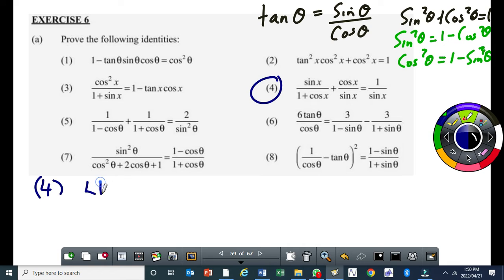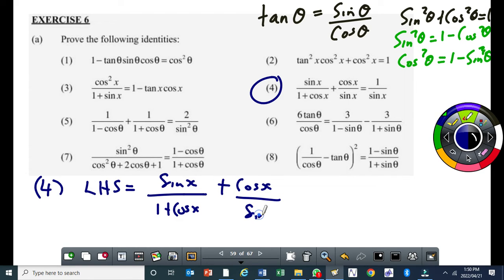So our left-hand side is equal to sine x over 1 plus cos x plus cos x over sine x. Alright? Now the first thing here, since you have got fractions, this is a fraction, that's a fraction there. The first thing which must come into your head: LCD. Okay? Now, here, as it is there, you have to find the LCD first.